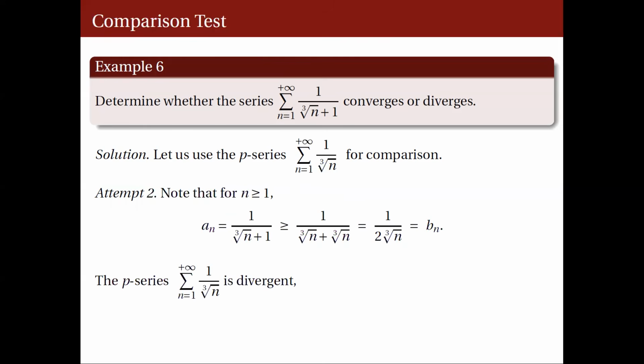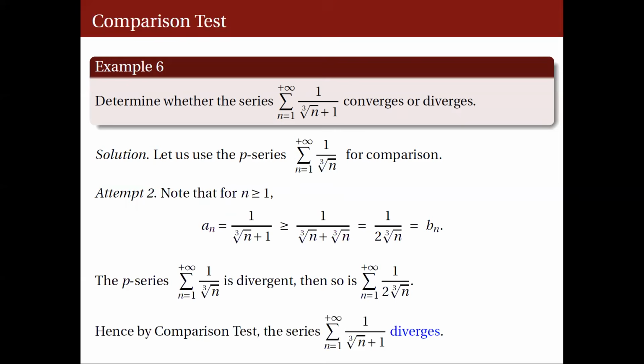Again, yung p series summation 1 over cube root of n ay divergent. Kaya pag may constant multiplier tayo na 1/2, divergent pa rin ang series na summation of 1 over 2 times cube root of n. Thus, by comparison test, the series summation of 1 over cube root of n plus 1 diverges.